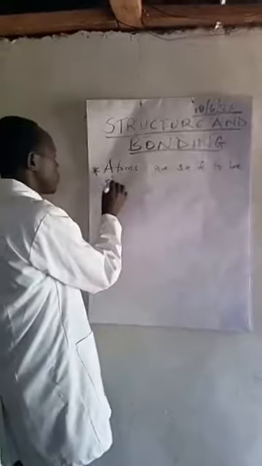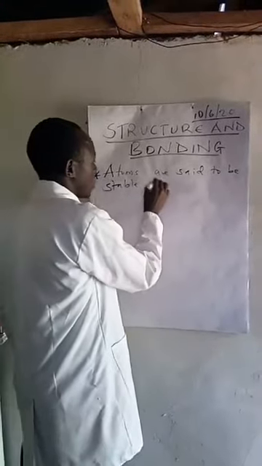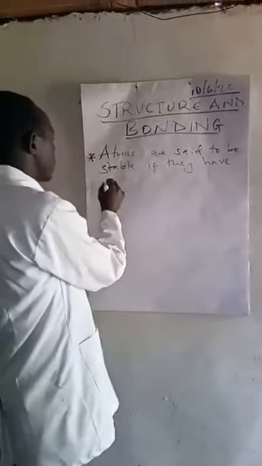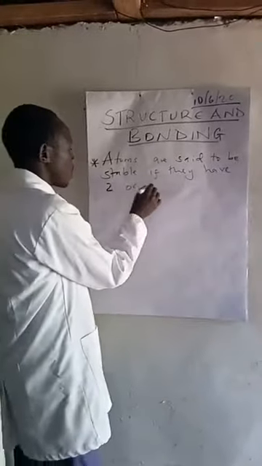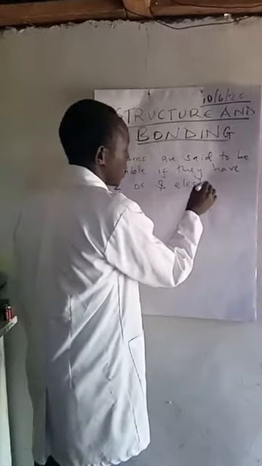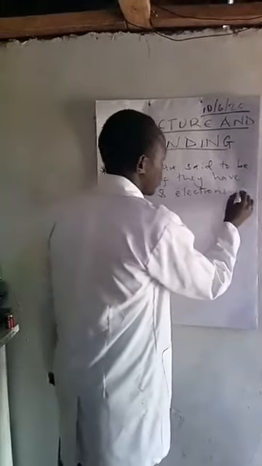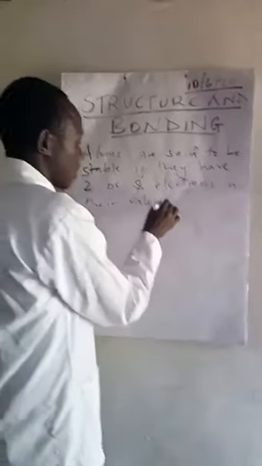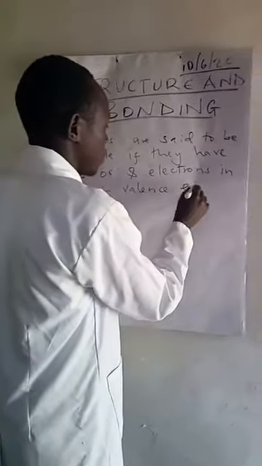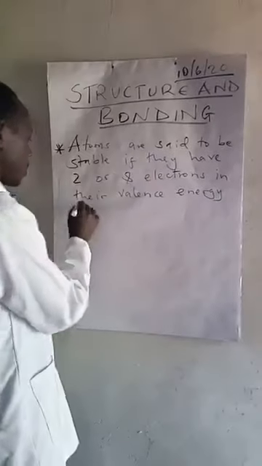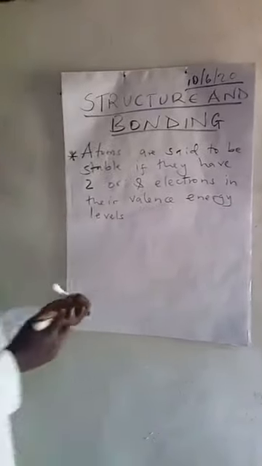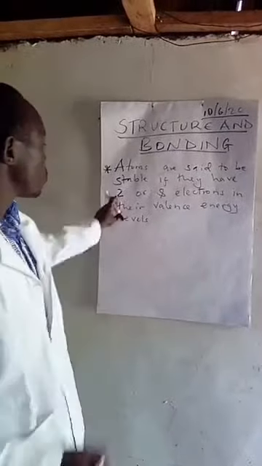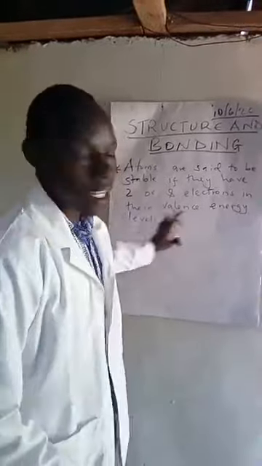if they have 2 or 8 electrons in their valence energy levels. So atoms are said to be stable only if they have 2 or 8 electrons in their valence shells.